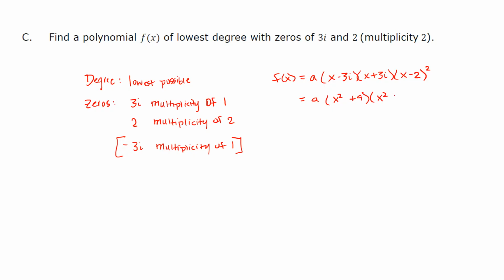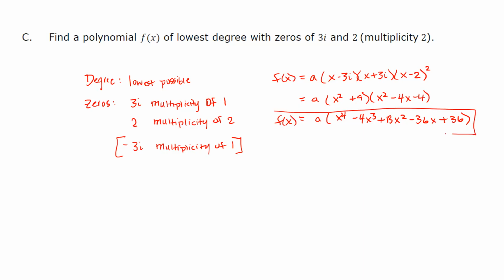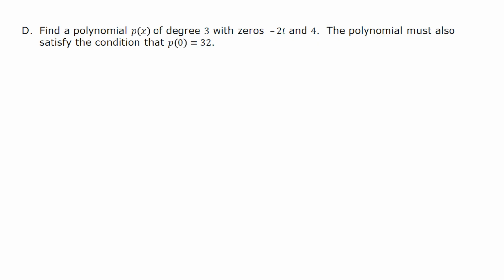And this would give us x squared minus 4x plus 4 when we FOILed all the way through. Then we would have to distribute one more time, which would get us x to the 4th minus 4x cubed plus 13x squared minus 36x plus 36. All right, and so that would be our polynomial of lowest degree. A represents what the leading coefficient could be, by which we multiply that.